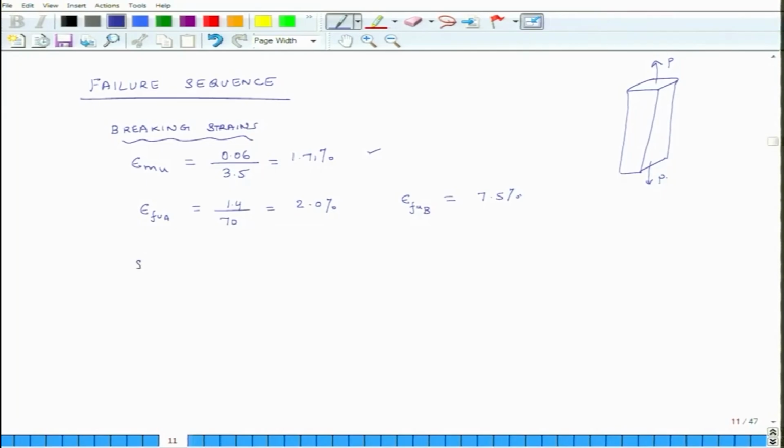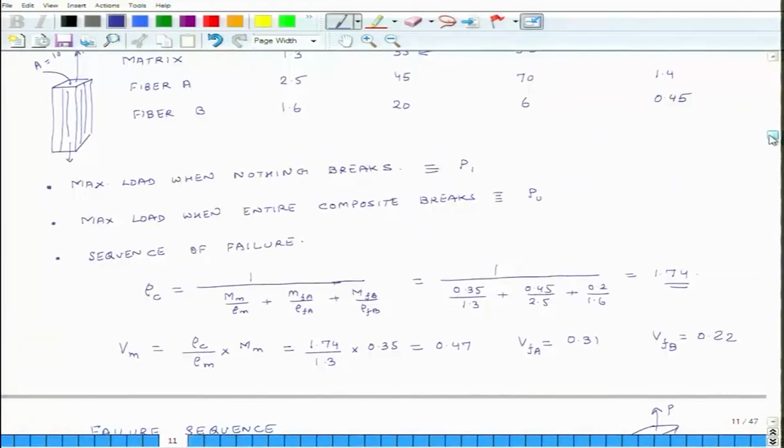The sequence of failure will be matrix, then A and then B. Okay. So, that takes care of one question, which is the sequence of failure.